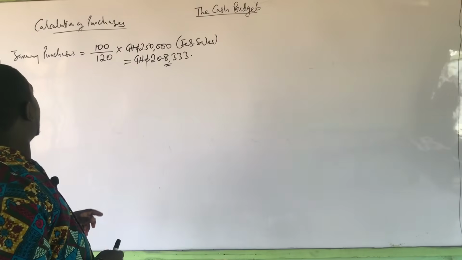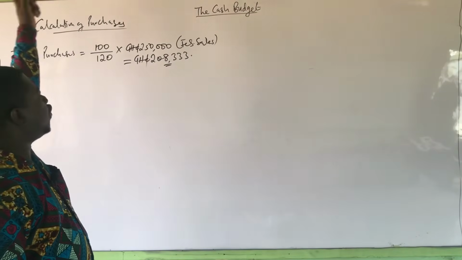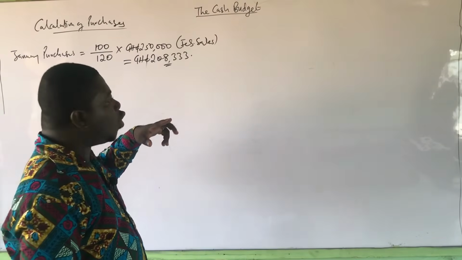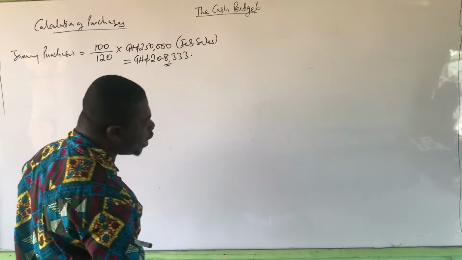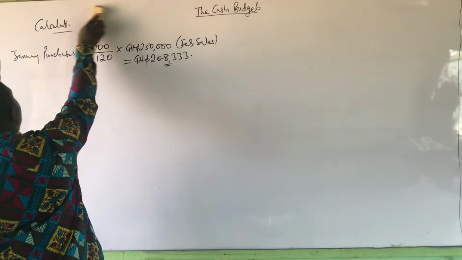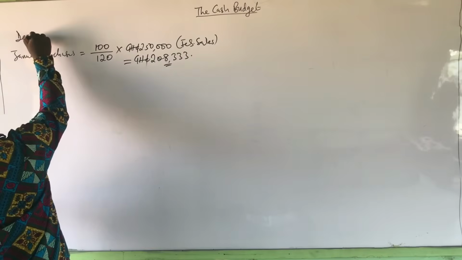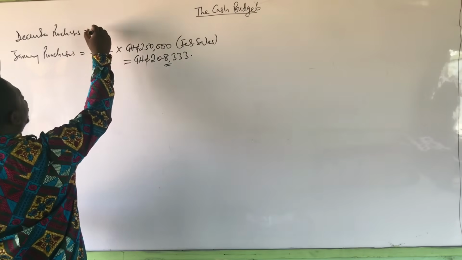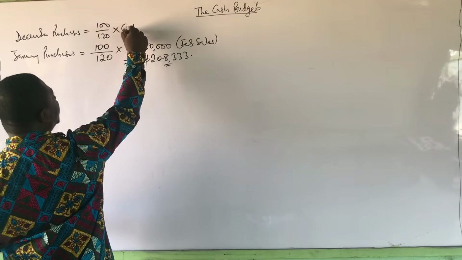Of course, I have started with February sales. It means that January sales will inform us about December's purchases. Okay, and it may be needful because we are going to pay it back again. And so let me quickly work December's purchases before we move on. So for December's purchases, which is the previous year, is going to be 100 over 120 times January sales.